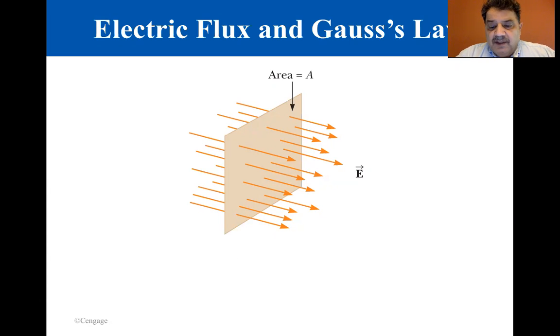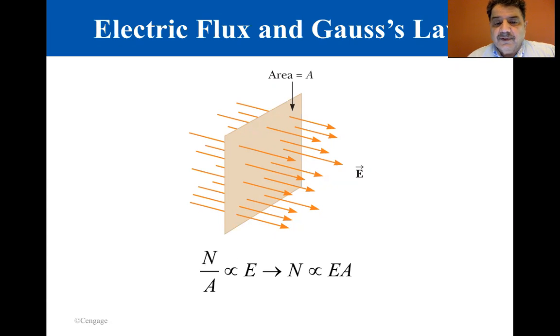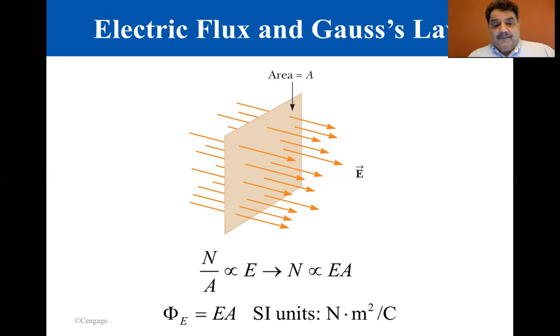The technique used for drawing a figure like this is that the number of lines per unit area, N over A, is proportional to the magnitude of the electric field, which we can rewrite as N is proportional to EA, which means that the number of field lines is proportional to the product of E and A, called the electric flux, represented by phi.